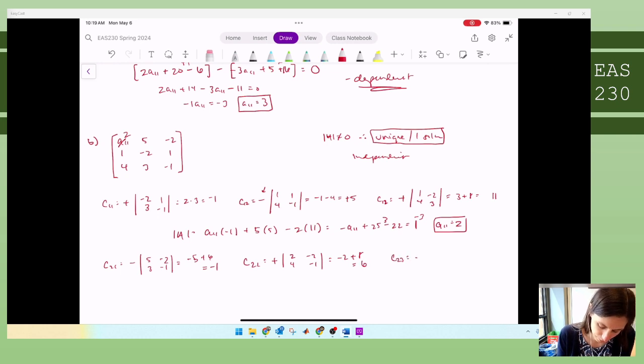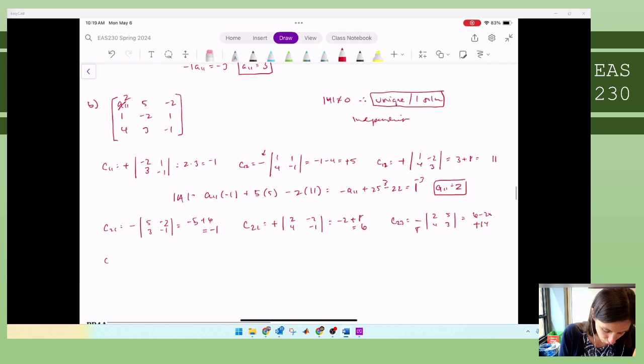C23 is 2, 3, 4, 5, 3. Checking my answers, make sure I'm on the right track. Yep, we're good. 6 minus 20 is negative 14, turned positive from this adjustment up front.